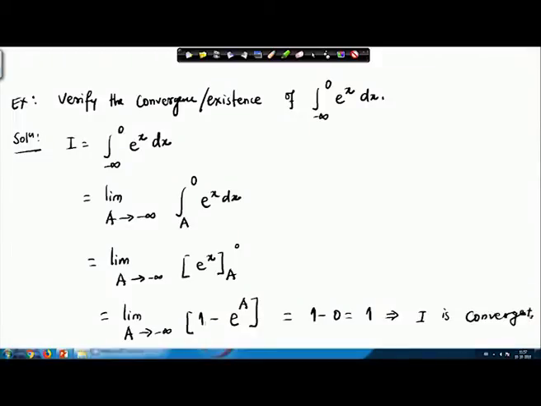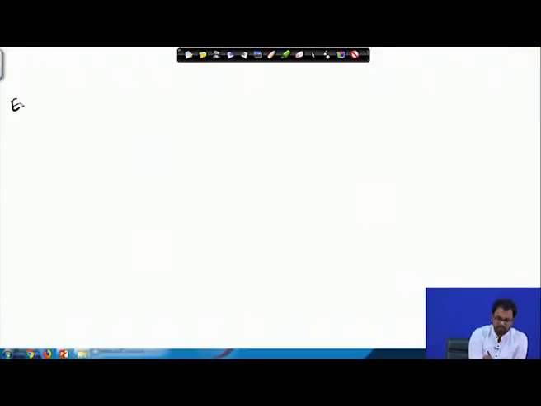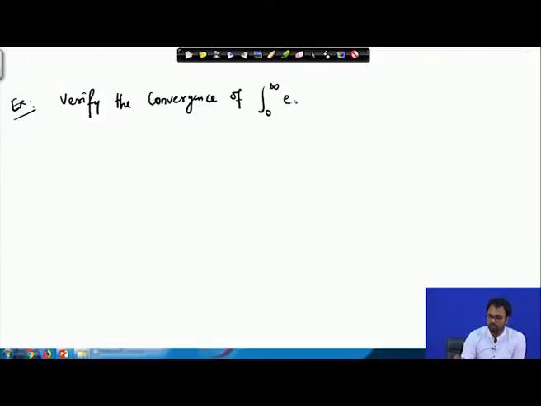All right. So, this is one such example where you can use the definition of type 1. Now, let us play with this integral a little bit, and then we can say that the integral is actually divergent. So, let us consider another example. Verify the convergence of integral from 0 to infinity e to the power x dx.